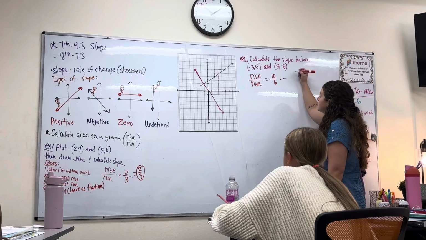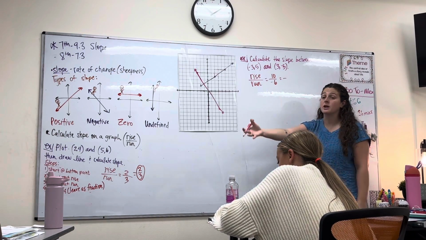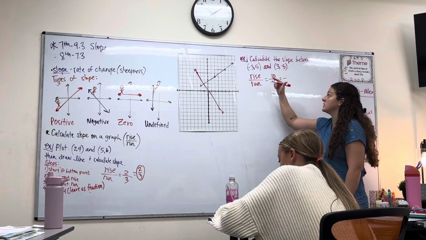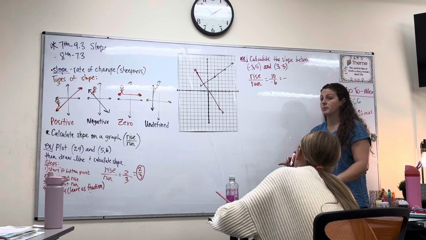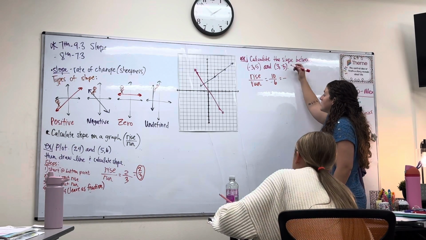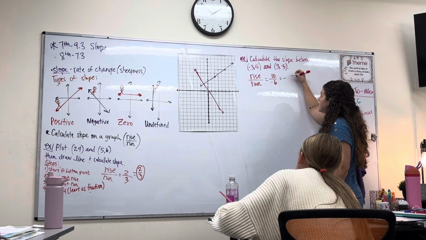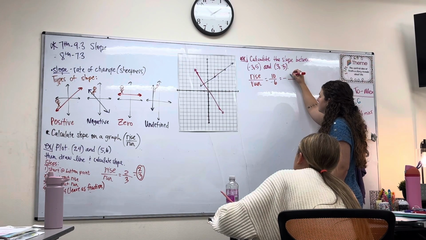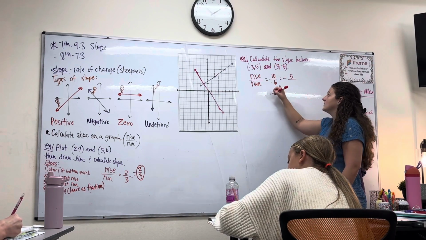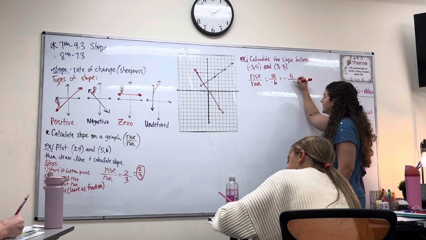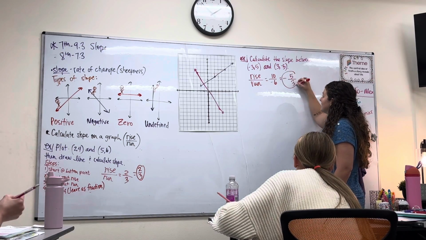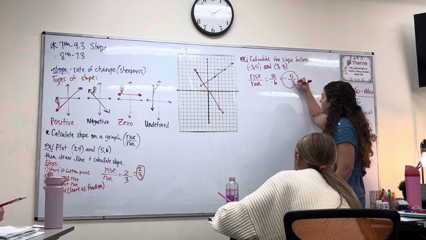You could put this in your calculator and hit the simp button, remember? If not, you can divide both by 2. 10 divided by 2 is 5, and 6 divided by 2 is 3. So this slope is negative 5/3.